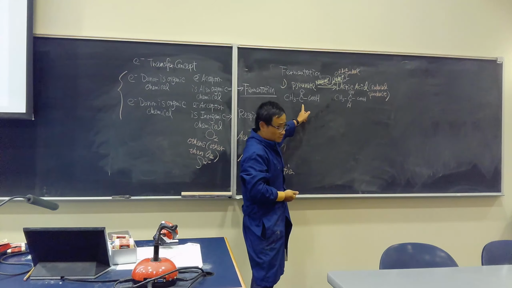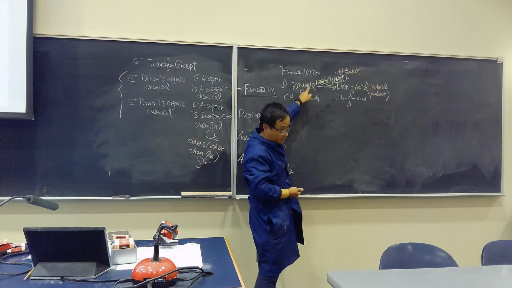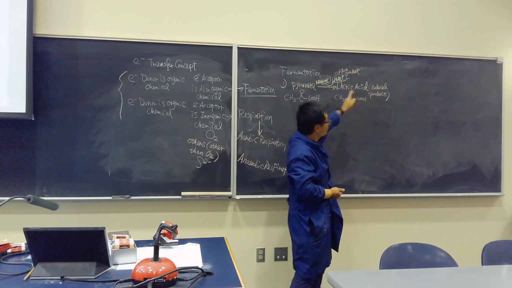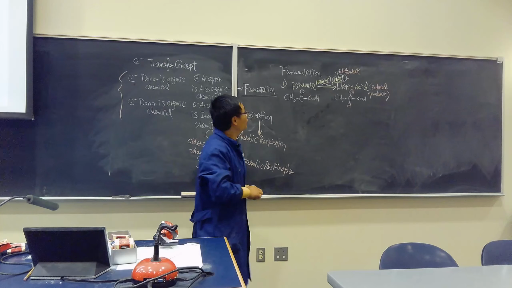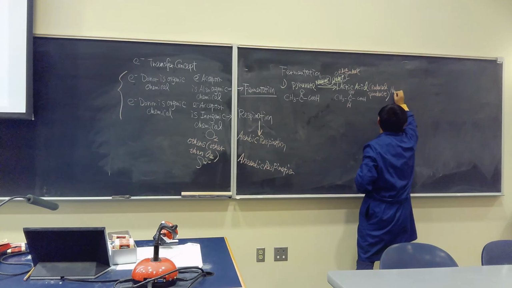This will explain the definition here. If electron donor is an organic chemical, pyruvate is an organic chemical. Electron acceptor is also an organic chemical. Lactic acid is an organic chemical. This is called fermentation. And we also call this homofermentation.